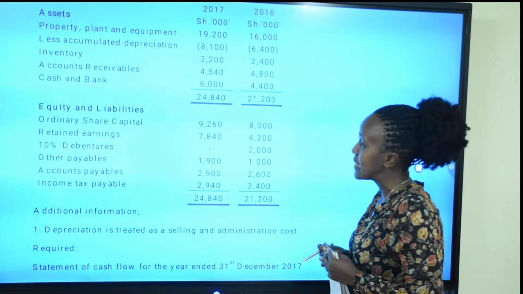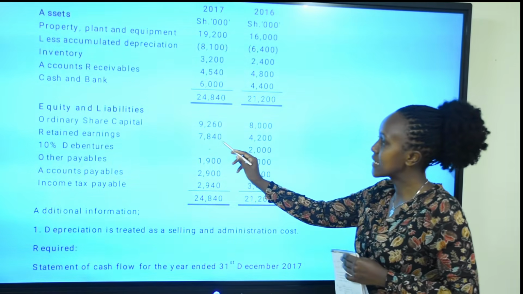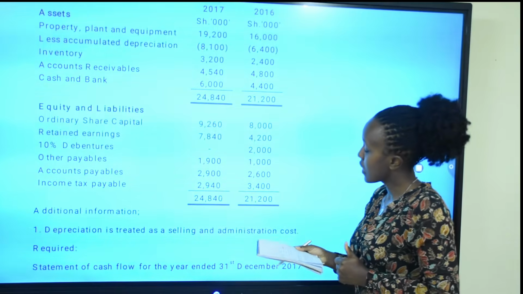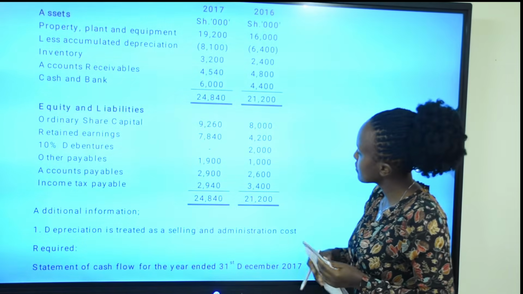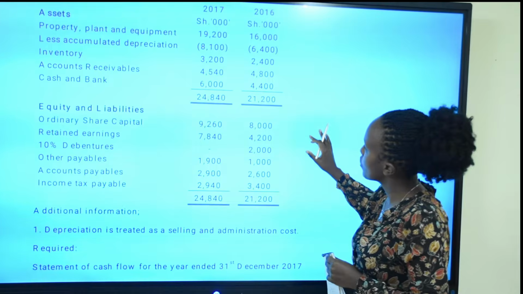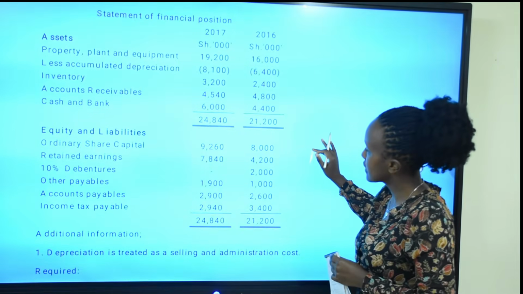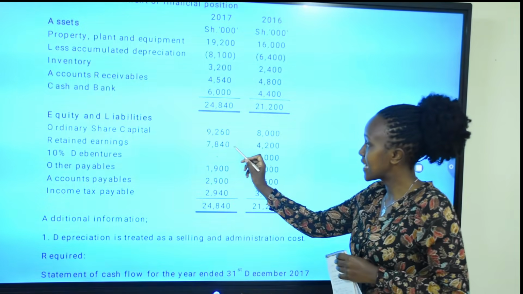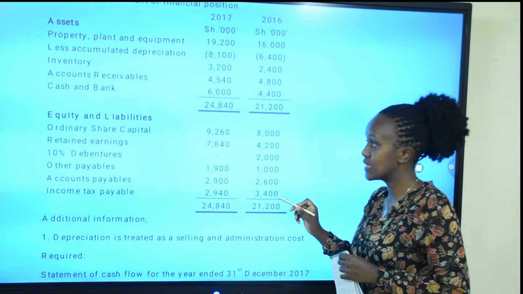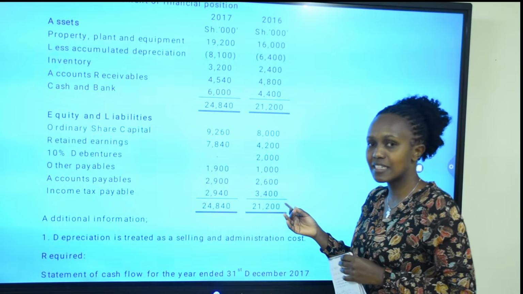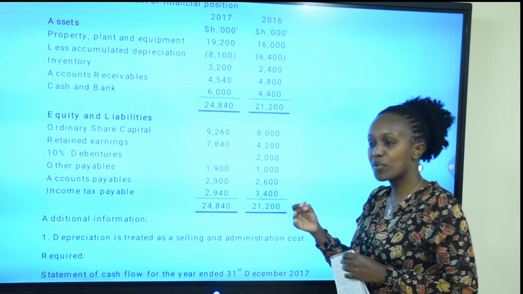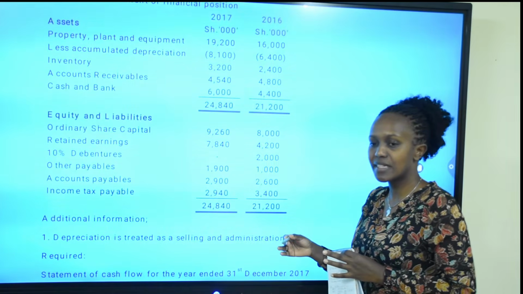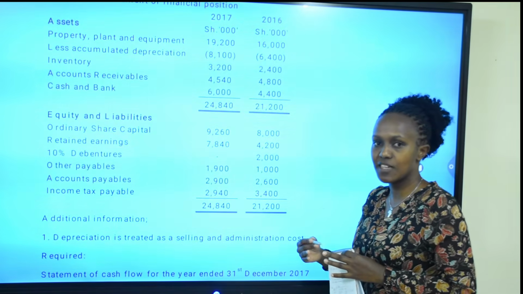Looking at the retained earnings, they have also increased, by an amount equal to 3,640. And these retained earnings, as we discussed in video 1, the increase in retained earnings is a result of the profit that remains after you have paid taxes and dividends.